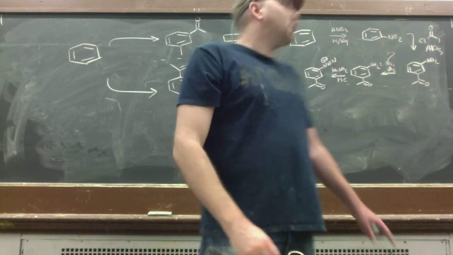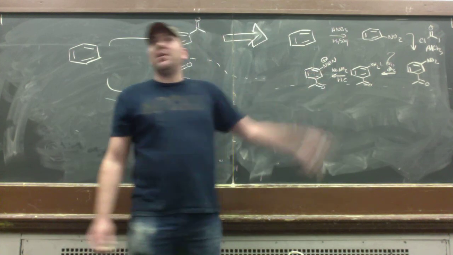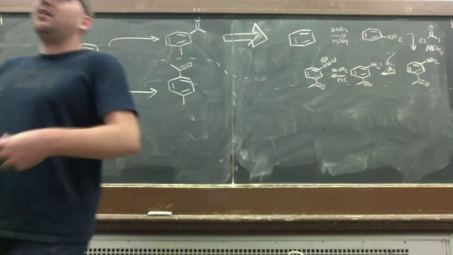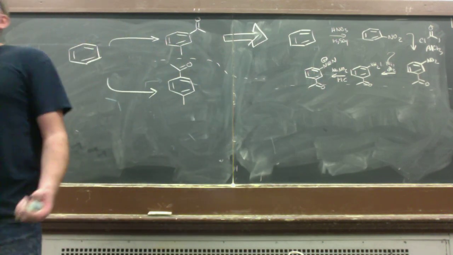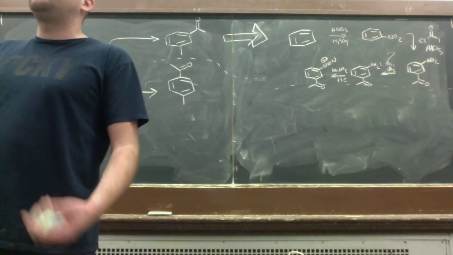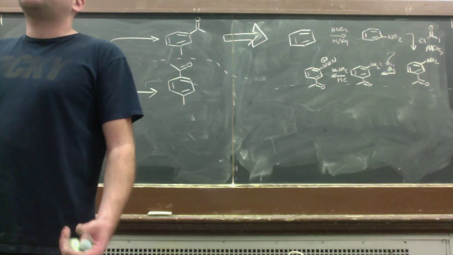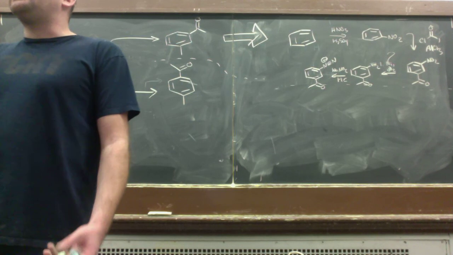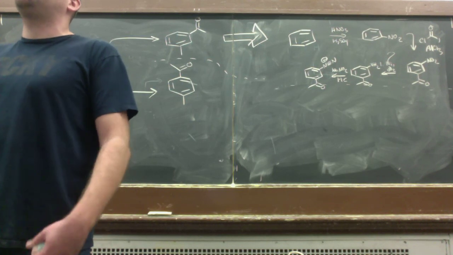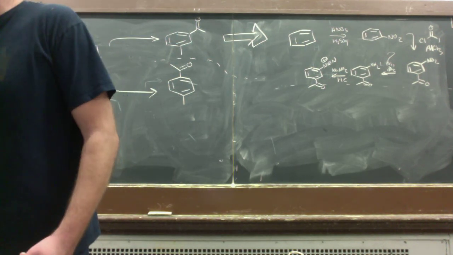At this point, what we need to do is put a methyl group there, and iodomethane is not, that's an electrophile. What you need here is nucleophilic aromatic substitution. We'll learn this chemistry next week.